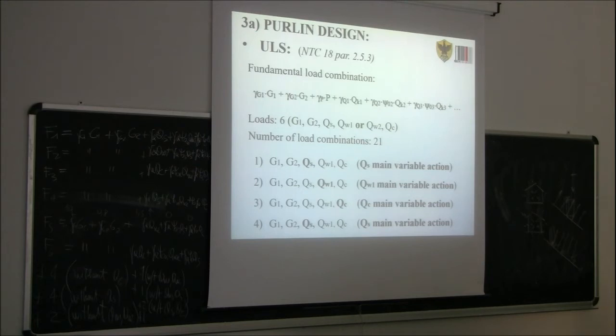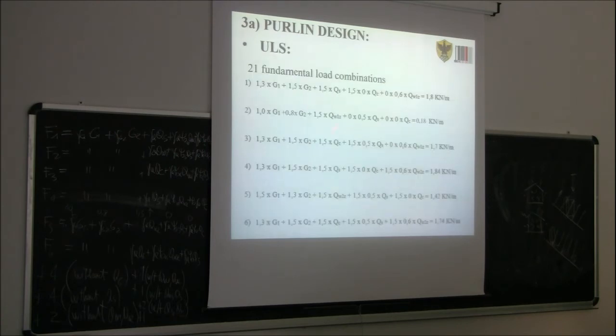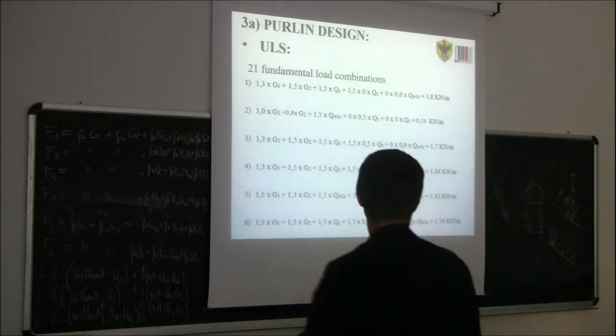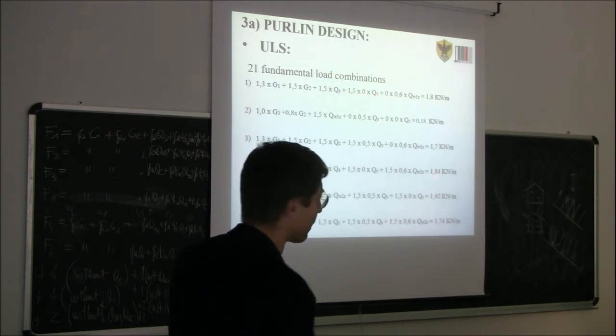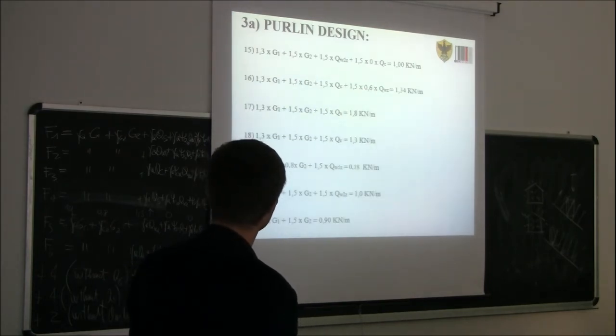Now, again, those are the load combinations that we saw before. Now it's a matter of replacing the variables with the numbers. So you can see here the calculation of the different load conditions from 1 to the last one.